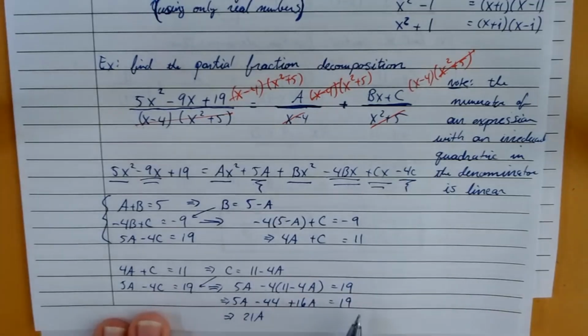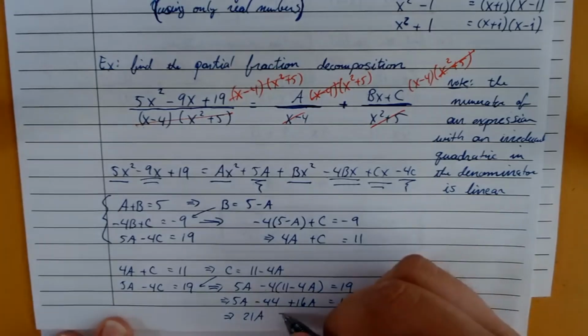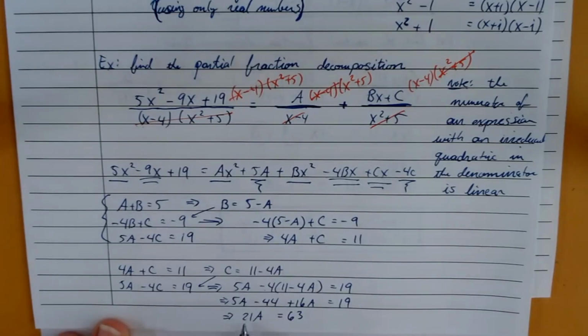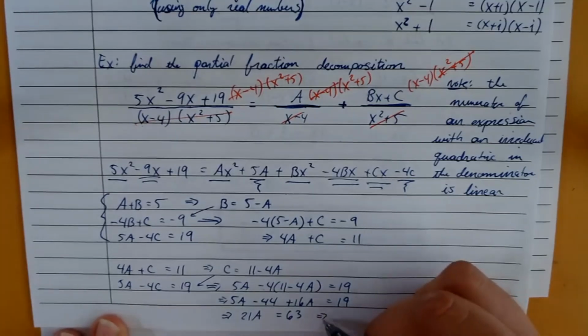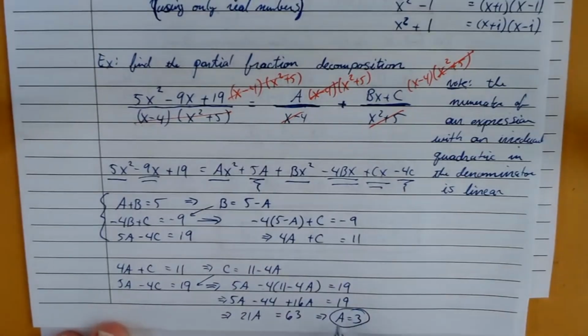And then I can add my 44 over this way. So 19 plus that 44 will give me 63. I can divide both sides by 21 now. That means a is equal to 3. There we go. So now we know what a is. a is equal to 3.